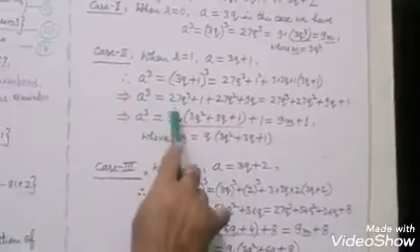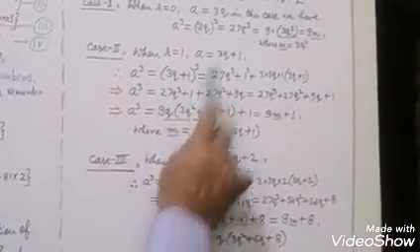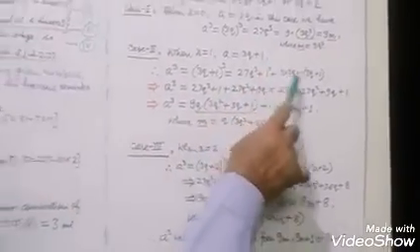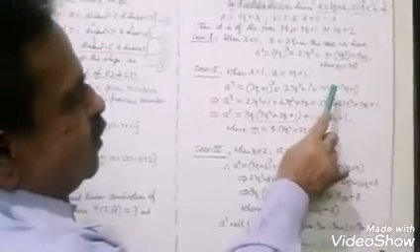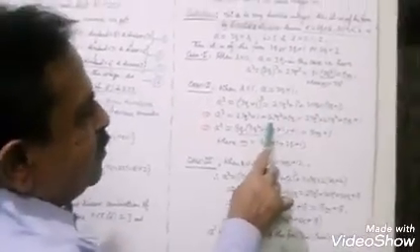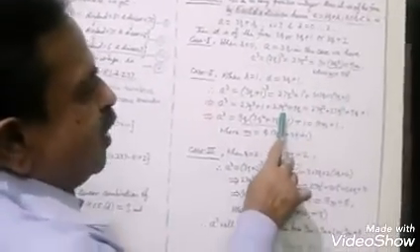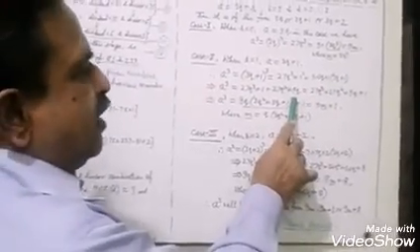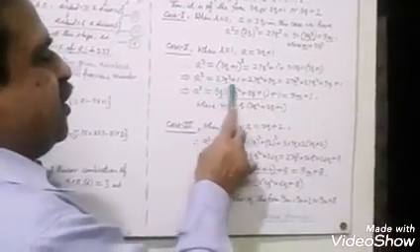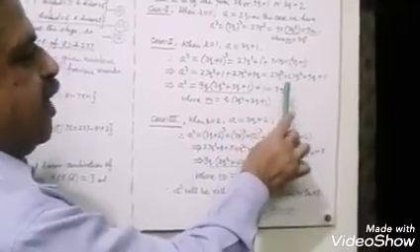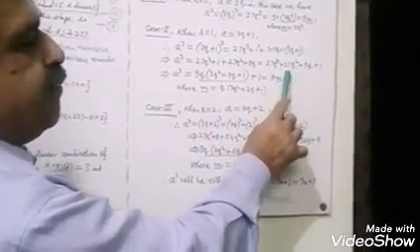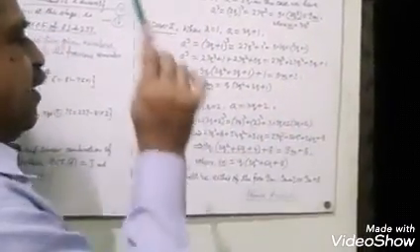A cube is equal to 27q cube plus 1, 3 threes are 9, 3 threes are 27, q into q square, 3 threes are 9 cube. Got it? Now we arrange it in the standard form. So we get 27q cube plus 27q square plus 9q plus 1.